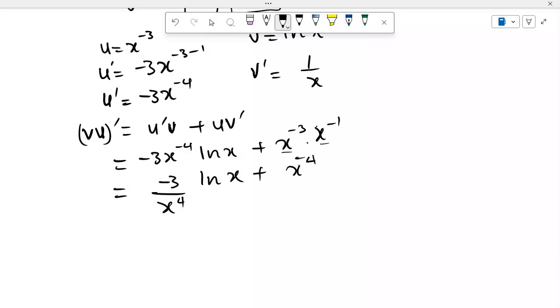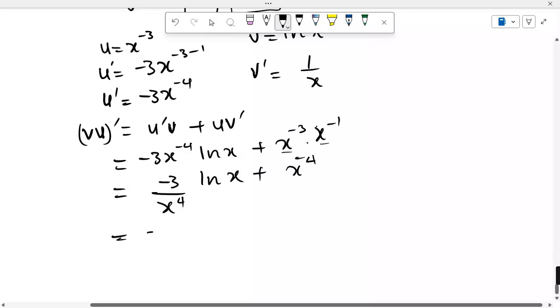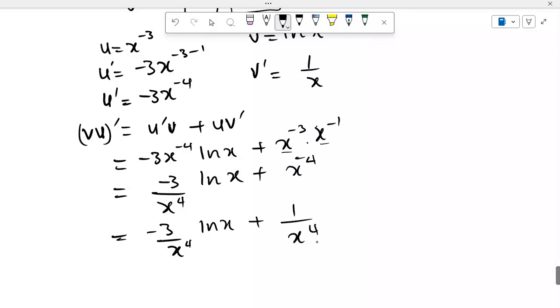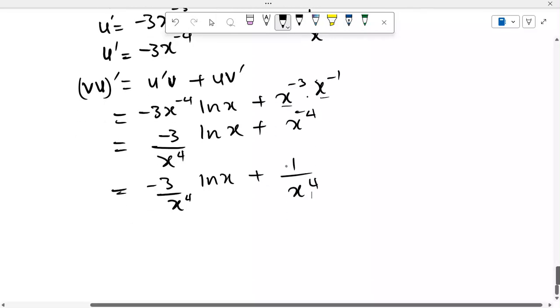So let's write it as a positive index: negative 3 over x to the power 4, natural log of x, plus 1 over x to the power 4.